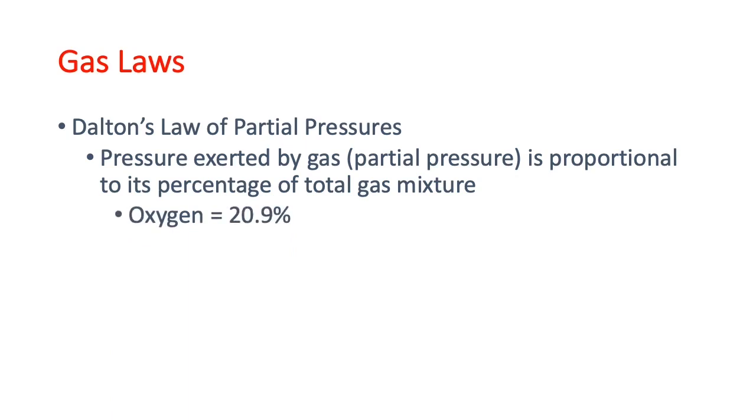For example, oxygen makes up 20.9% of the total gas mixture. The atmospheric pressure for the total gas mixture is 760 millimeters of mercury. So if we take the 20.9%, which is the percentage of oxygen within the whole gas mixture, and convert that to 0.209, we can multiply that times the atmospheric pressure, which is the pressure of all the gases together, and that's 760 millimeters of mercury.